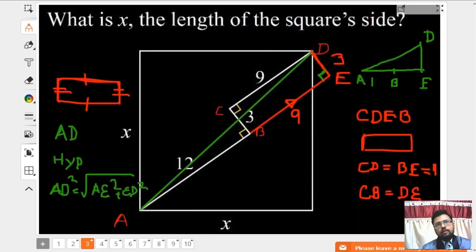AB was 12, BE was 9, so the total becomes 21. So AE is equal to 21. Similarly, DE we saw as 3. So now we have a right angle triangle with sides 3 and 21 units. Can you calculate AD using this? So this is equal to root of 21.